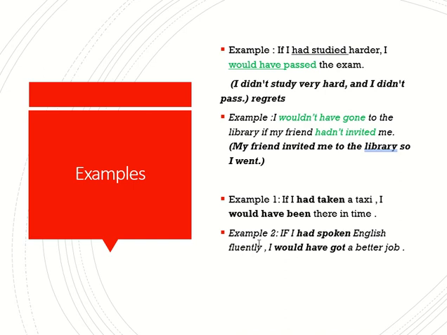Let's go to the next example. If I had spoken English fluently, I would have got a better job. Also, she's talking about the past. This is impossible. So she didn't speak English well, so she didn't get a better job.